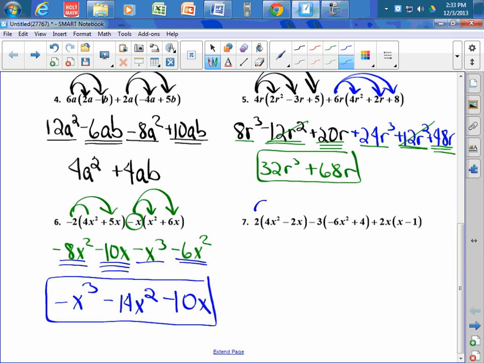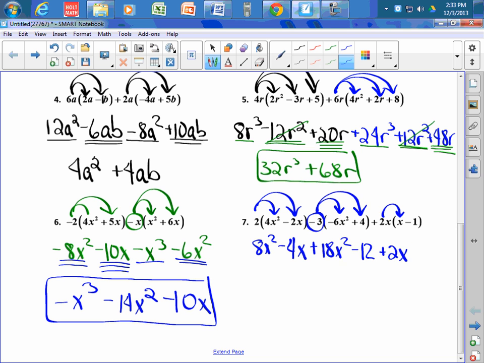2 times 4x squared, 8x squared. 2 times negative 2x, negative 4x. This is a negative 3 times 6x squared, positive 18x squared. And then negative 3 times 4, negative 12. 2x times x, positive 2x squared.